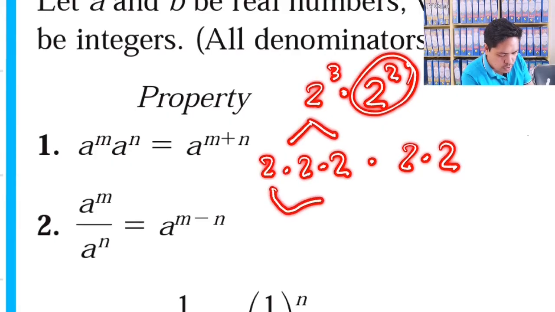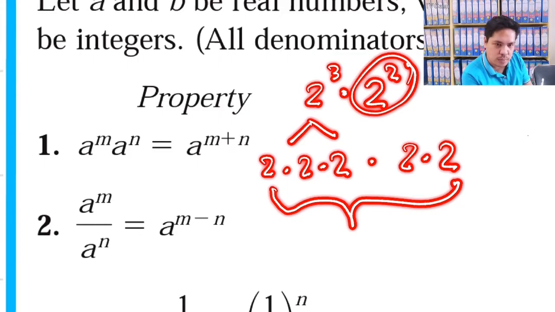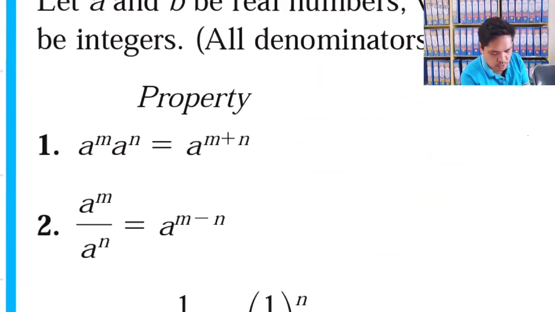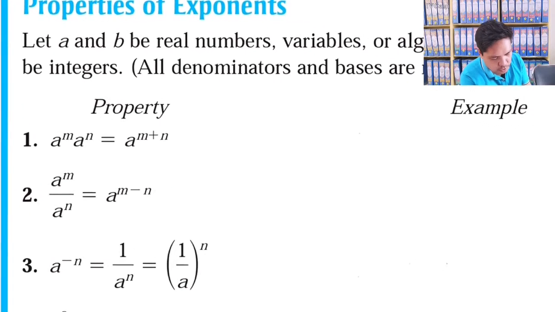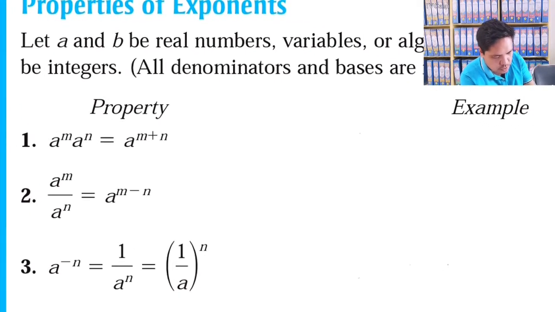So this time, it seems like we multiplied 2 five times. 2 times 2 times 2 times 2 times 2. Therefore, this is 2 raised to 5. That is the same as adding the two exponents. So that's why A raised to M times A raised to N is A raised to M plus N. That's the example: 2 raised to 3 times 2 raised to 2 is 2 raised to 5.